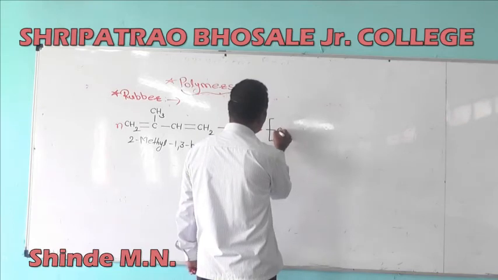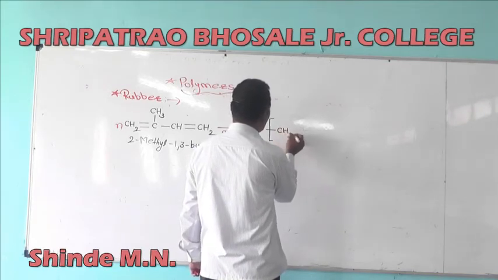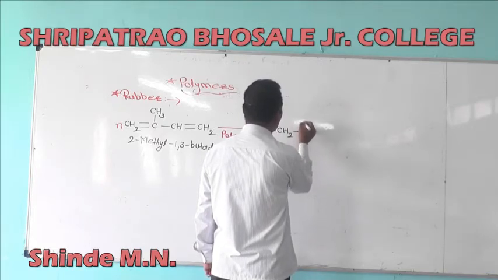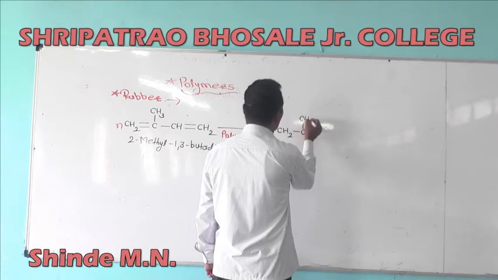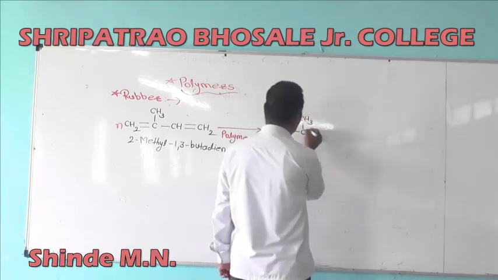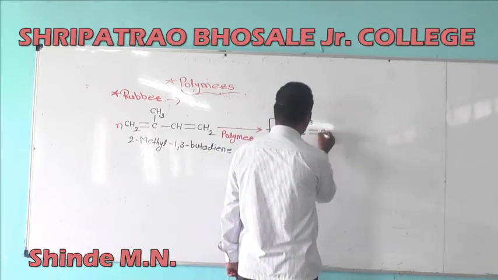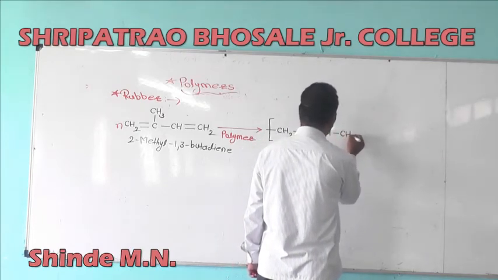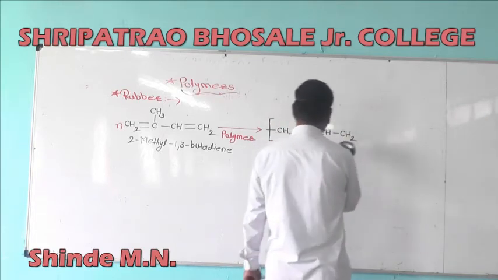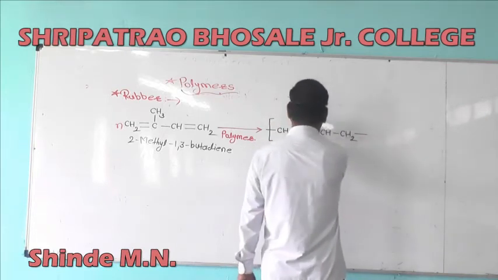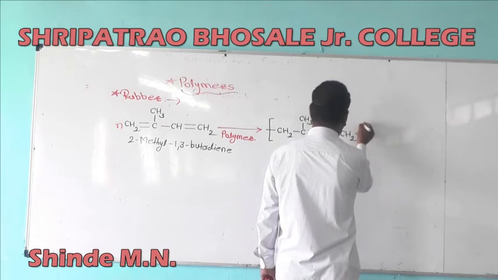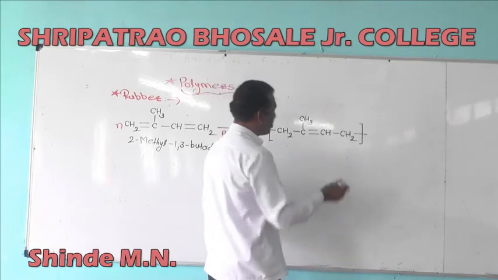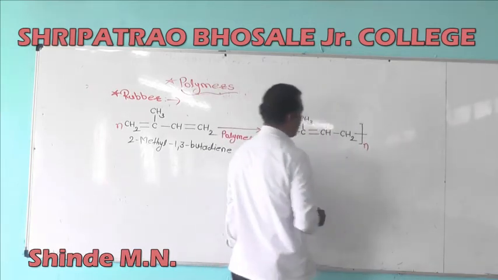That means here a double bond is converted to a single bond, and a new double bond is formed here. We have to show this n times.